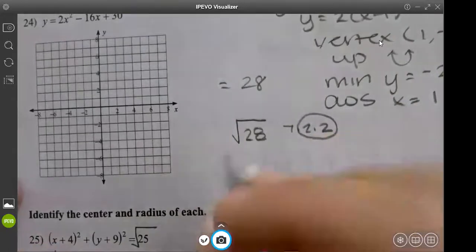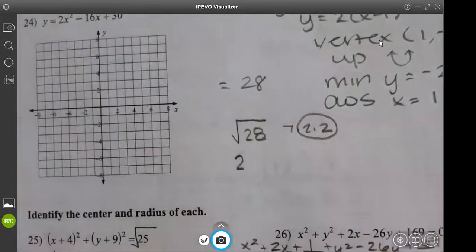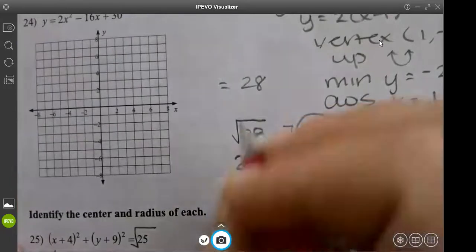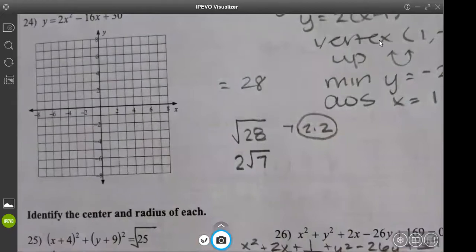That's how I teach Math 1. And it comes outside. So we had a pair of 2, so that's like the square root of 4 is 2. And then left is 7. So this is what your radius would look like. So if you have to break it down, what I would suggest is that you put the square root of 28 in your calculator and find your decimal, and then you look at the rest of them. You can put those in your calculator and find your decimal too.